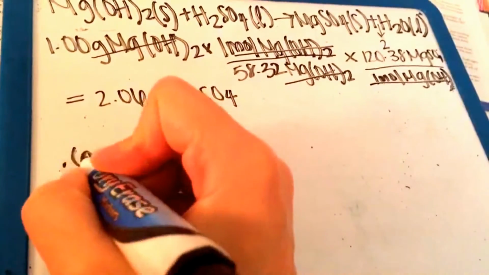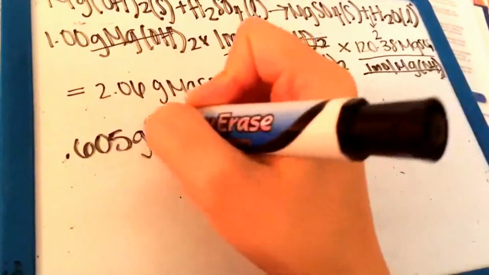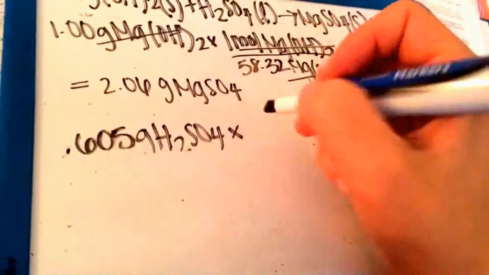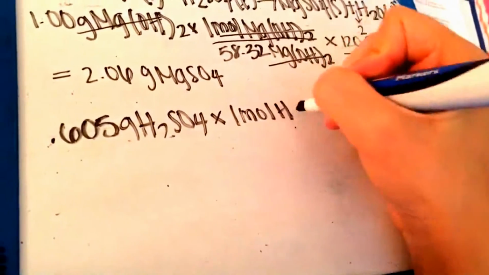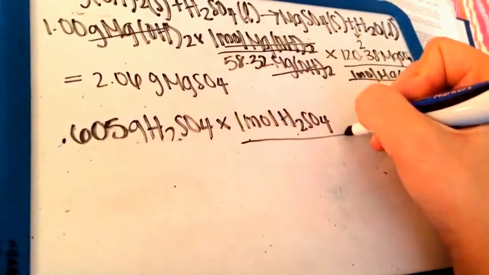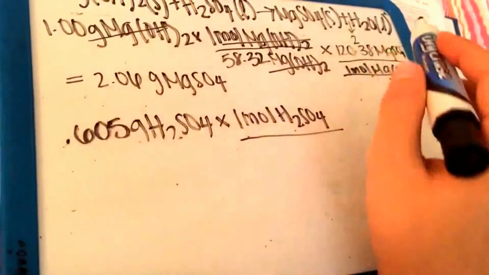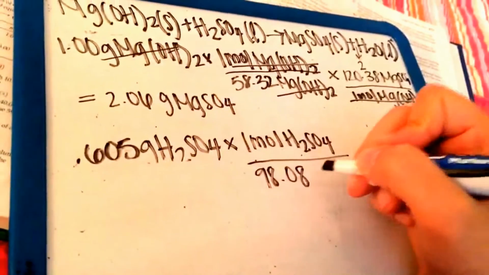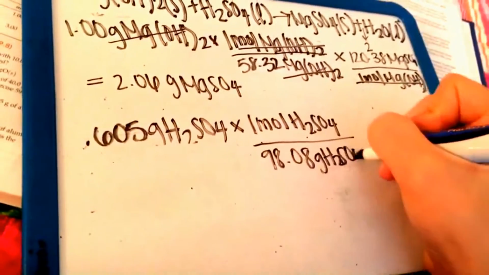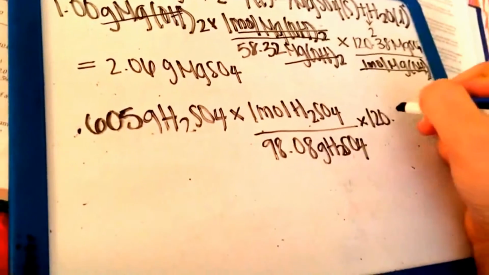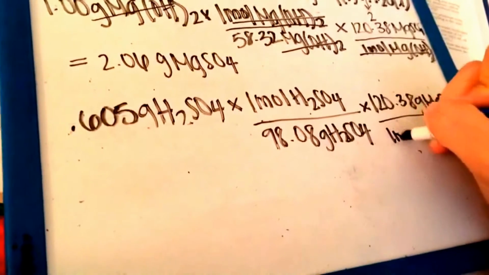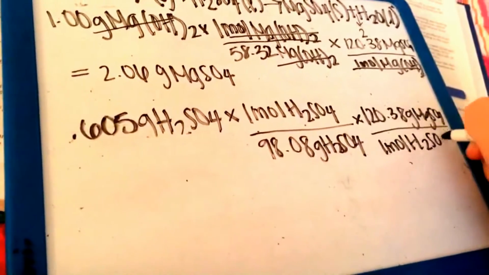We're going to use 0.605 grams of H2SO4 times 1 mole of H2SO4 over, again, like we found out what this was, and this is going to be 98.08 grams of H2SO4 times 120.38 grams of MgSO4 over 1 mole of H2SO4.